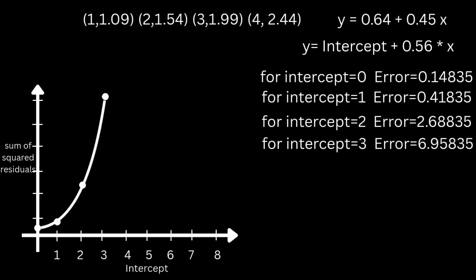Actually this is not the exact graph. To get an exact graph we need to calculate for quite a lot of intercept points, and we'll get to know what the exact graph is. Let me show you the exact graph I am talking about.